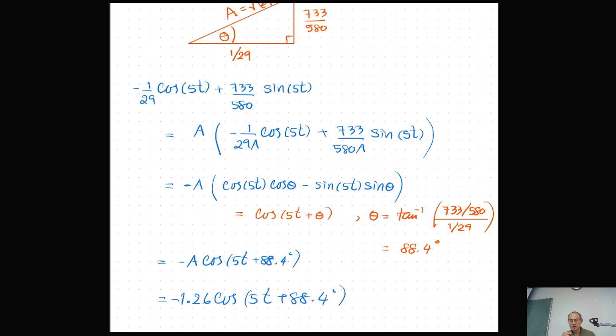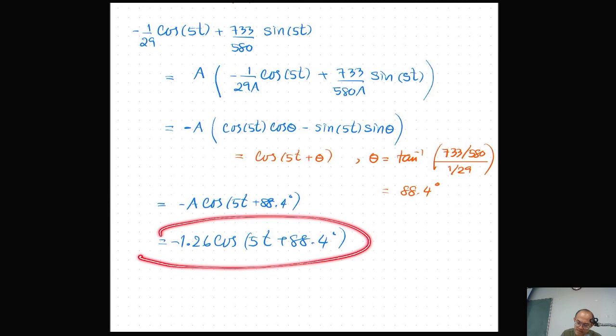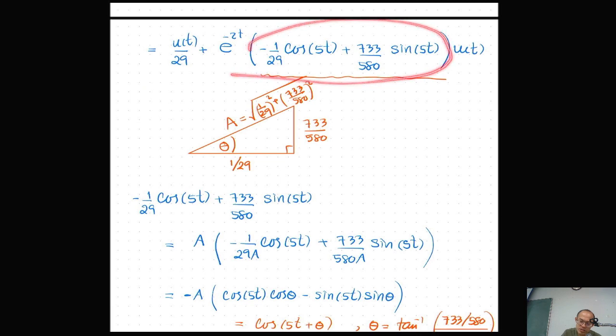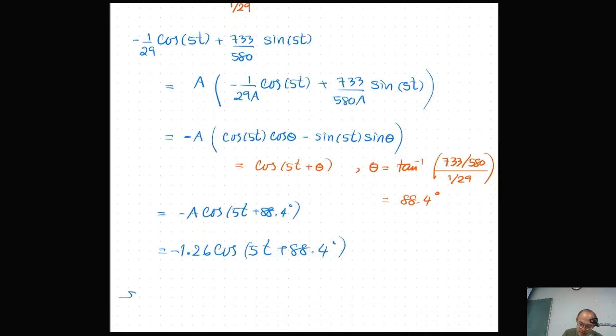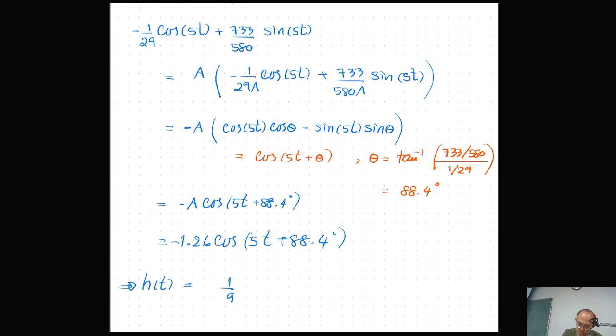Now, the last two terms, this one here, is equal to 1.26 cosine 5t plus 88.4. I can plug it into my equation. So the last step is equal to 1 over 29 minus 1.26 e to the negative 2t cosine of 5t plus 88.4 degrees, all multiplied by u(t).